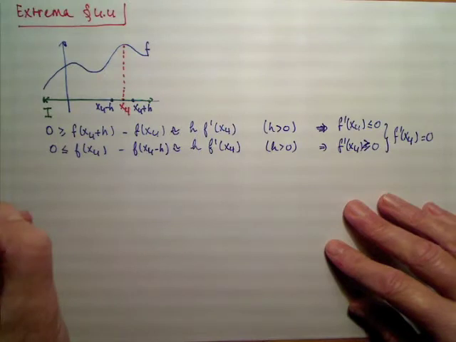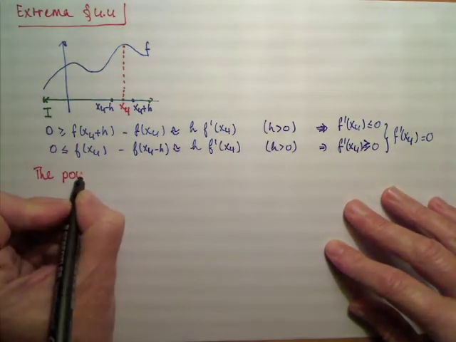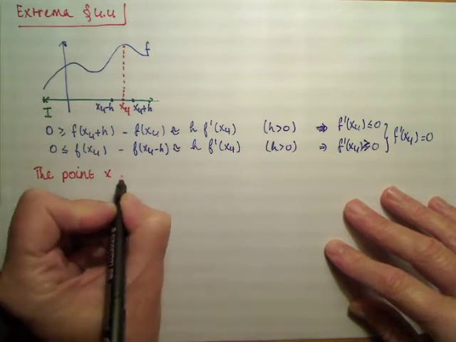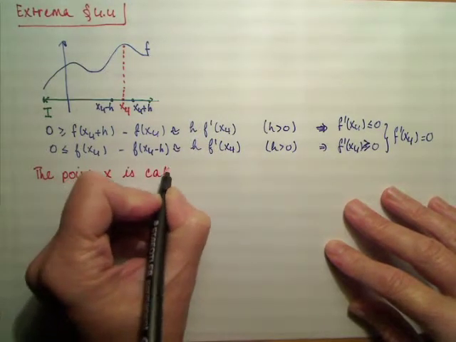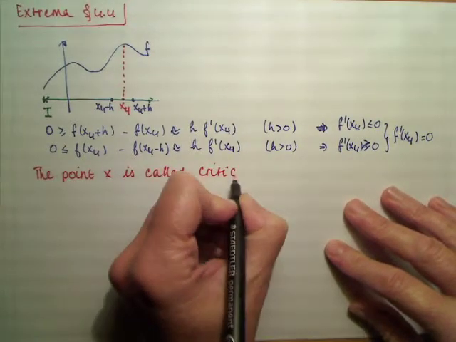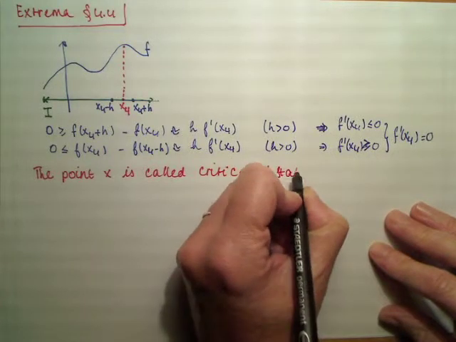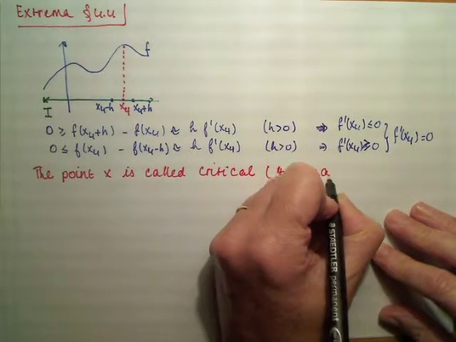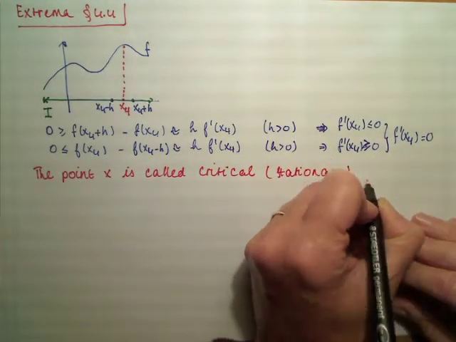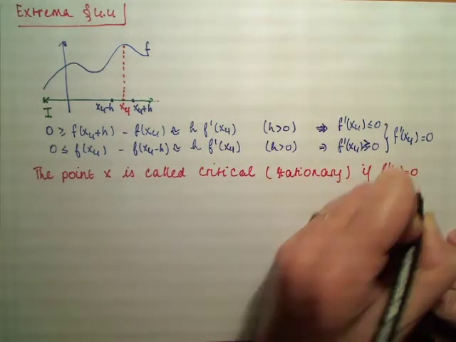So let us rewrite this. So the point x is called critical, at least this is the word used in the book. In other situations we would call it a stationary point if the derivative at the point equals 0.